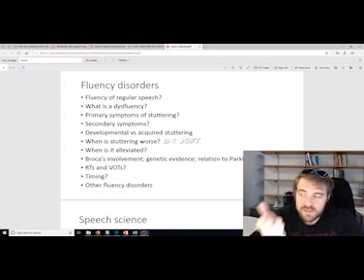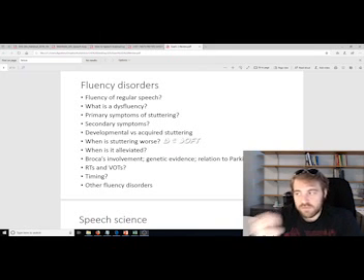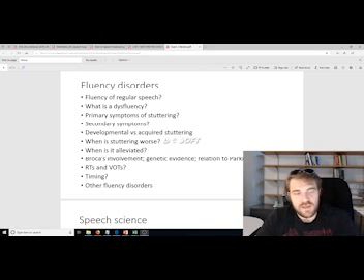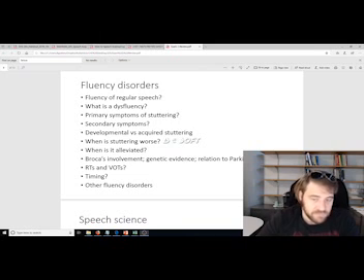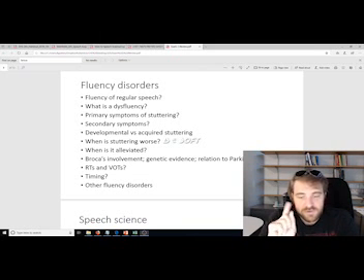The relation to Parkinson's is a little bit of a long relationship, but essentially, remember, it's possible that stuttering is related to deficits in the basal ganglia. The basal ganglia deficit might be related to dopamine.